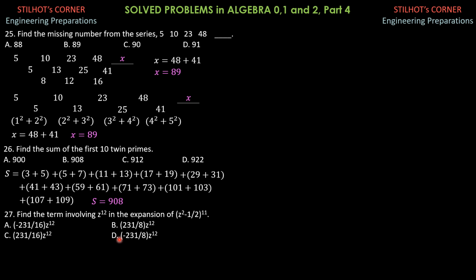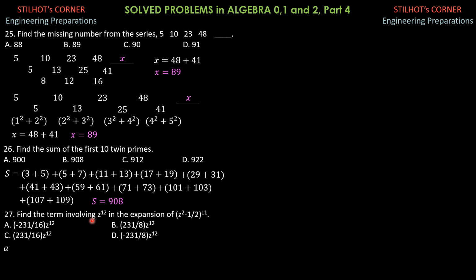So the rth term is n combination m, first term, which is z squared in this case, raised to n minus m, then second term negative 1 half raised to m, where m is to be determined as long as it involves z to the 12. N is 11, and we do not know the position of that term, so that's why m is unknown and m is r minus 1.